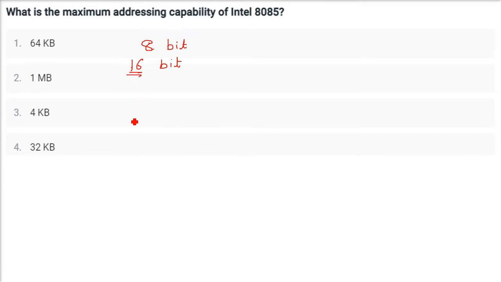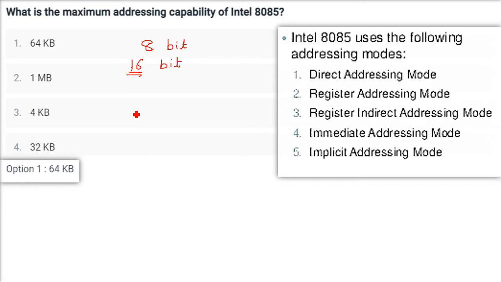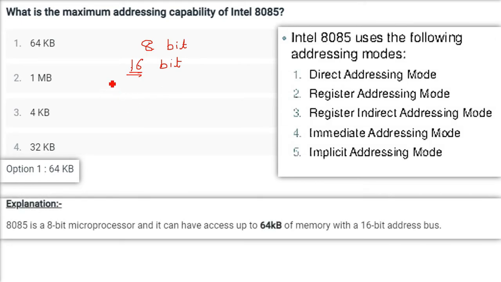Maximum addressing capability comes from the address bus size, not the data bus size. So 64 KB comes from 2 to the power 16. You might say, oh, 8-bit microprocessor, so 2 to the power 8, that is 256. No, it is actually 2 to the power 16.